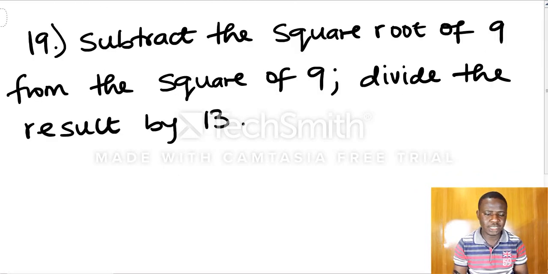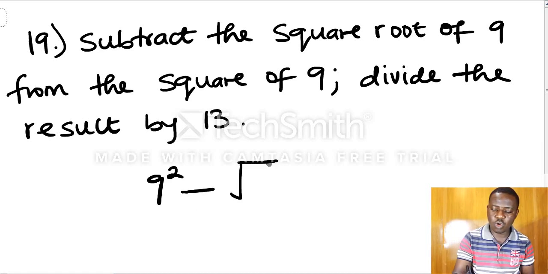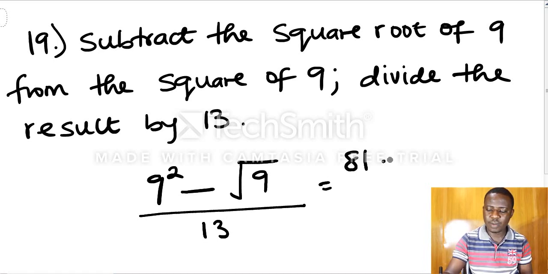Question number 19 says we should subtract the square root of 9 from the square of 9. Divide the result by 13. The square of 9 means 9 squared is 81, minus the square root of 9, which is 3, all divided by 13.